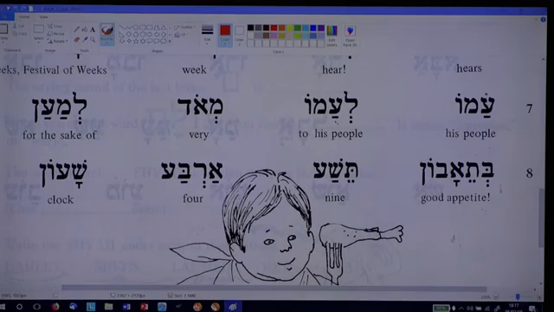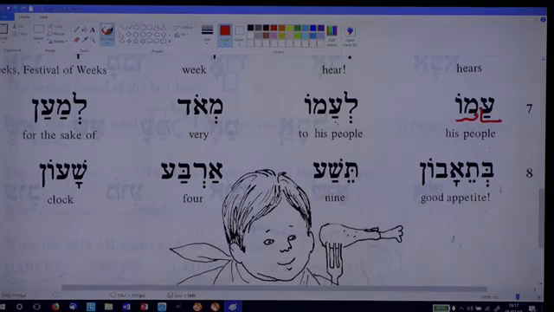The ayin mem means people. By putting this letter at the end, it makes it his people. It's a suffix changing the word to a possessive.